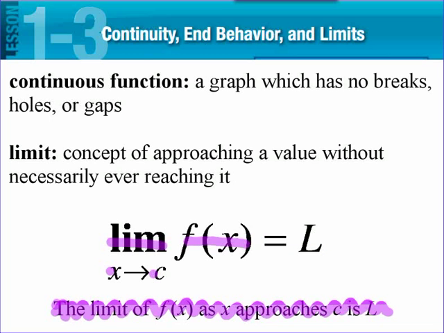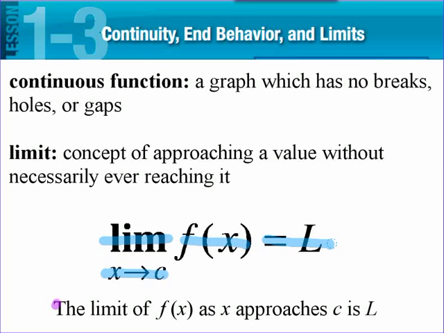Let's show you that again for those of you who are wondering how that went. The limit of f of x as x approaches c is L. That's how the order goes.